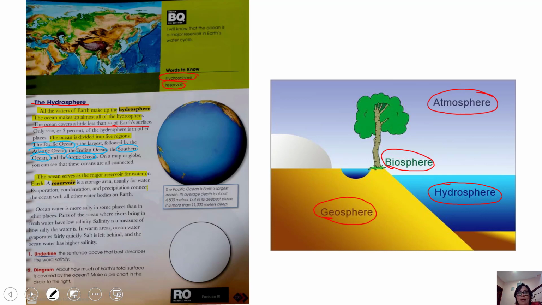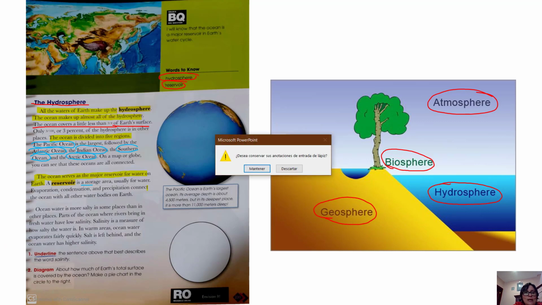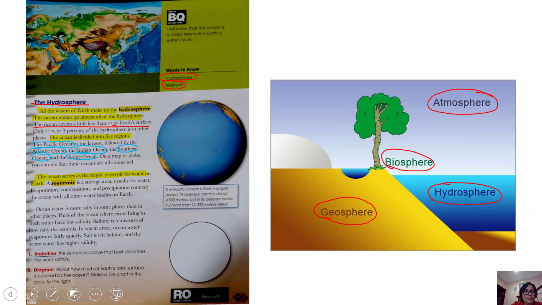Now I want you to underline in the second paragraph. It says, the ocean serves as the major reservoir for water on Earth. But what is a reservoir? Let's see. A reservoir here is said to be a storage area, usually for water, okay?